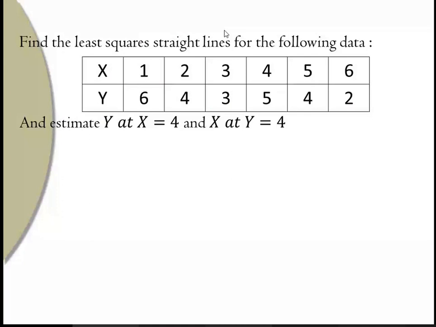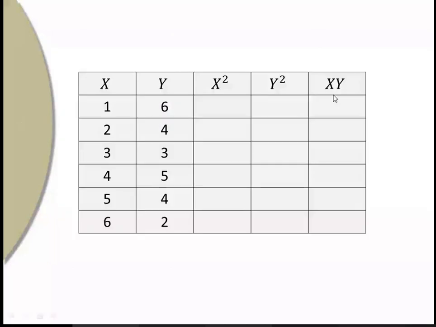Now for that we require a table, and in the table we want x square, y square, x into y. So first make a table with x square, y square, x into y. N will be the total number of terms. Now there are total 6 terms, so n is 6.